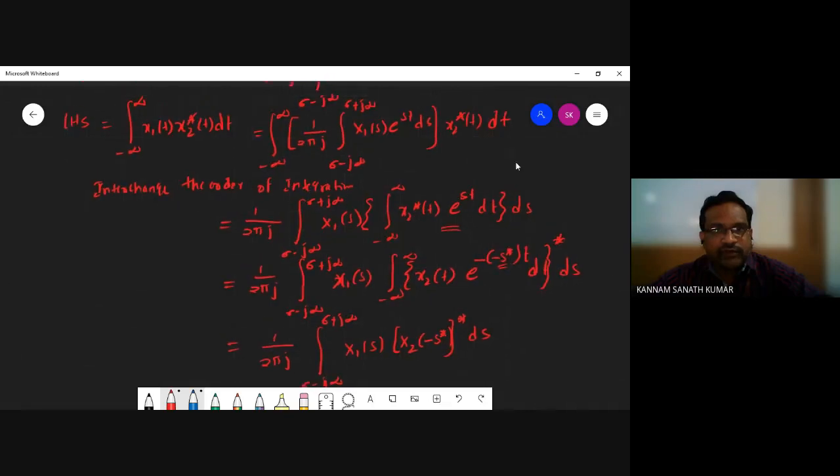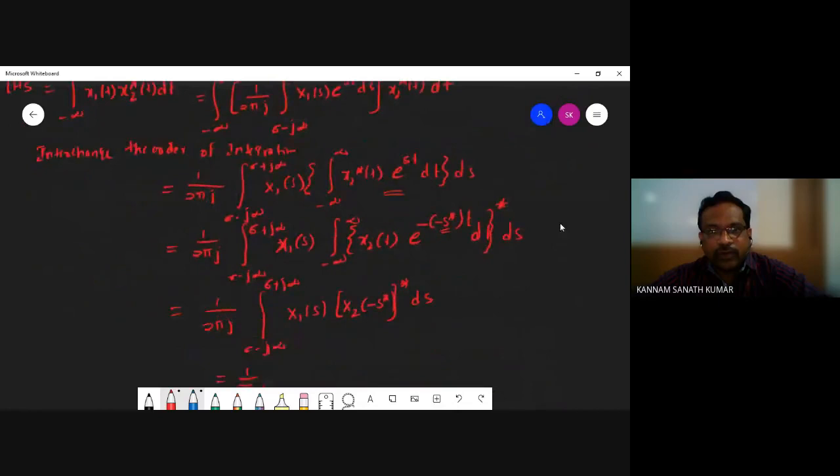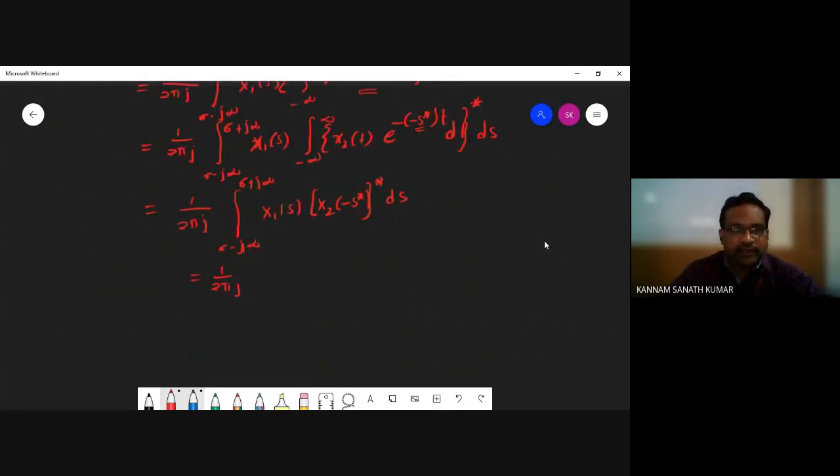So this is equal to, if you see Parseval's theorem, so whole complement is there, no? So you can write integration sigma minus j infinity to sigma plus j infinity, x1 of s, x2 star of minus s star into ds. So that means what you calculated is integration minus infinity to infinity, x1 of t and x2 star, the x2 complement of t dt.